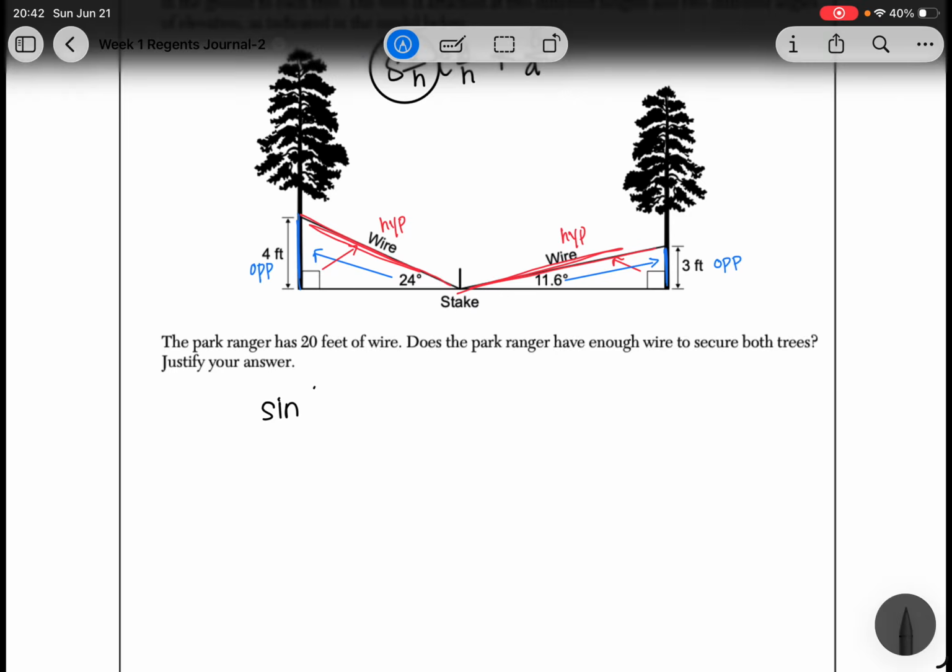So in this case, sine of 24 equals the opposite, so 4 feet, over, I'm going to put W for wire. For this question, we will need two trig functions though, because we're given two right triangles. So we're also going to need one for the 11.6 one. So we're going to do sine of 11.6 equals our opposite side, so 3 over W.